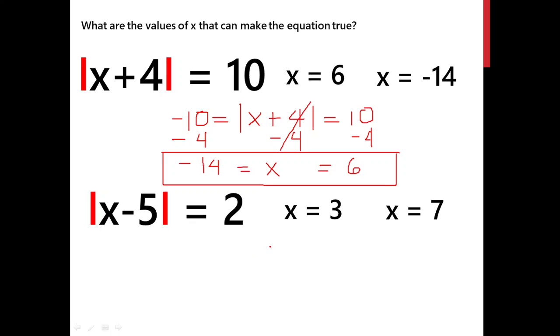Same goes here. I'll write my equation. Again, if I have a positive 2 here, then I'll just input another negative 2 here, opposite to that one. So to solve this one, using algebra, using the additive inverse, this is negative 5, I'll add a positive 5 here.